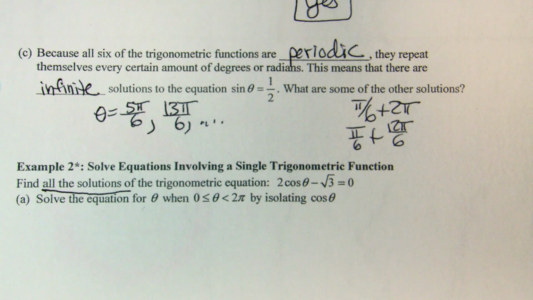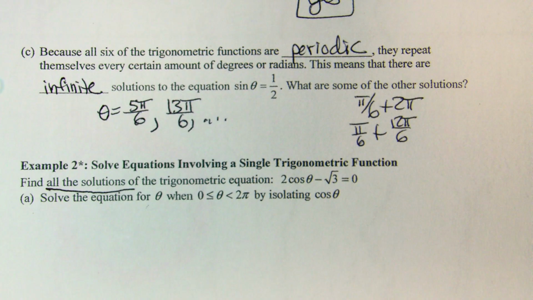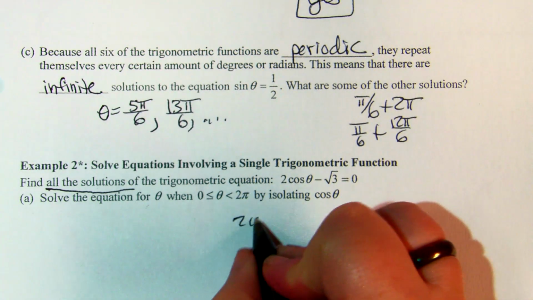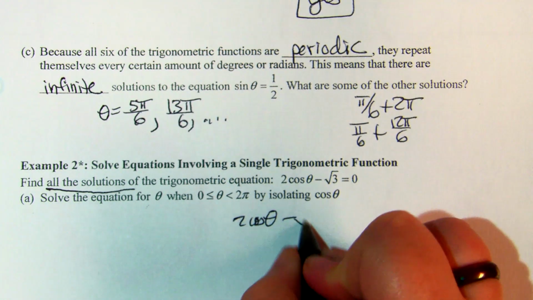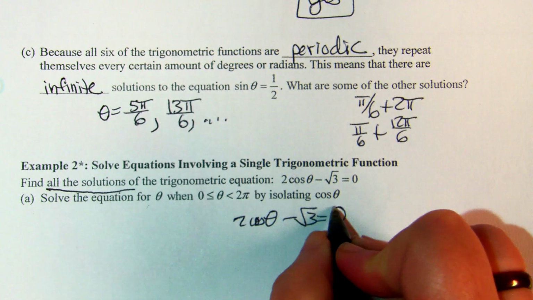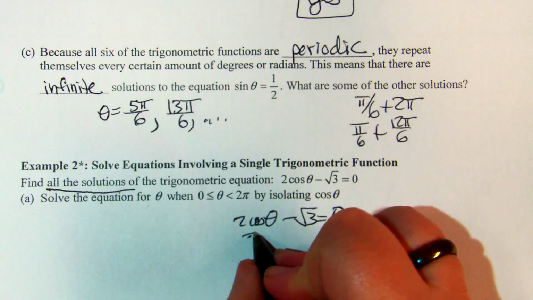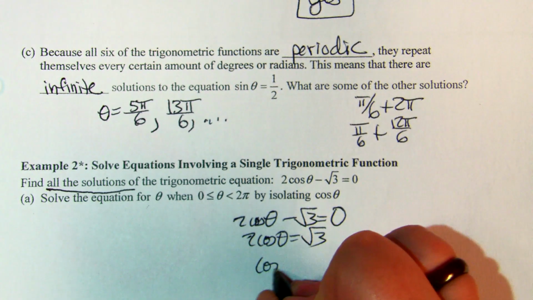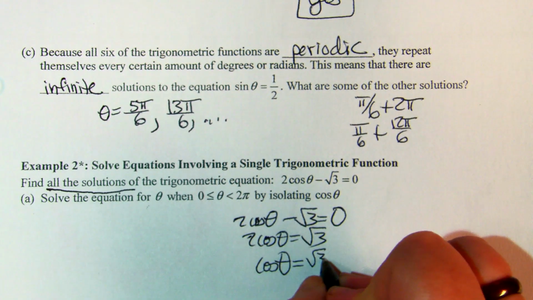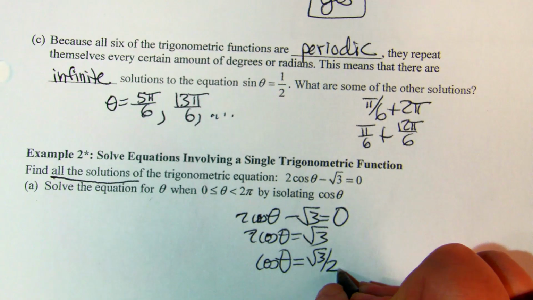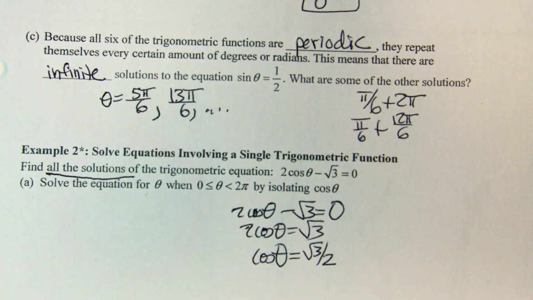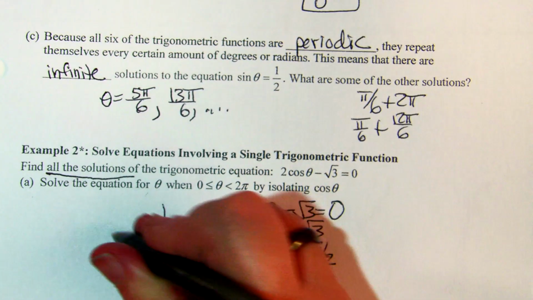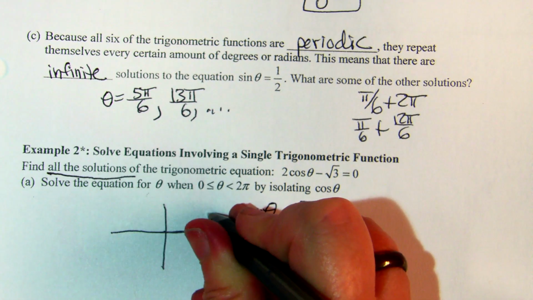There's a difference. So it says 2 cosine theta minus radical 3 equals 0. 2 cosine theta equals radical 3. Cosine theta equals radical 3 over 2. So cosine is along the x.